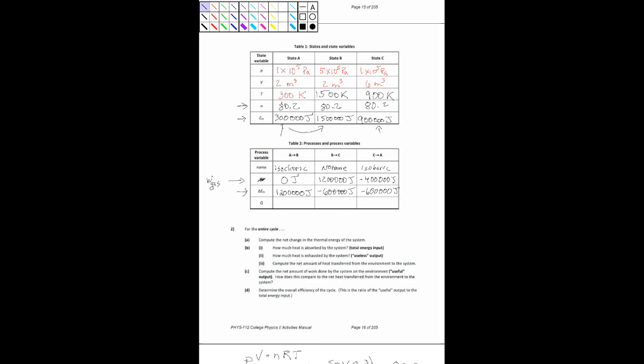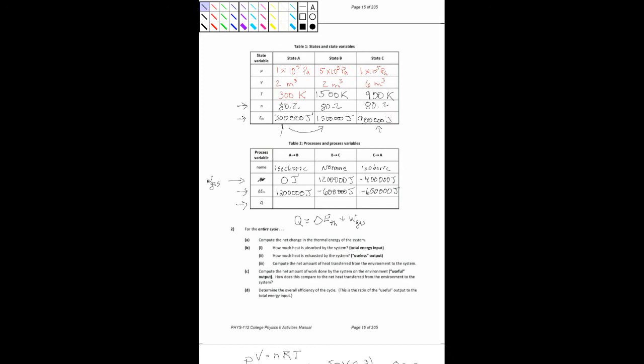Now what about the last row here, Q? So Q is the heat added to the system. To get that, we can go to our first law of thermodynamics, which says the heat added to the system is equal to the change in the thermal energy of the system plus the work done by the gas or by the system.